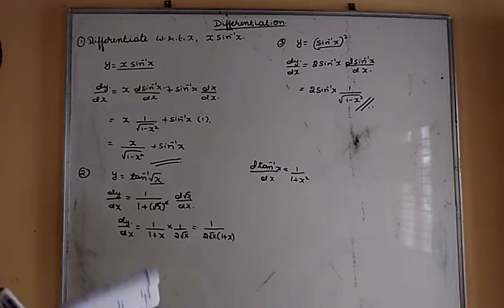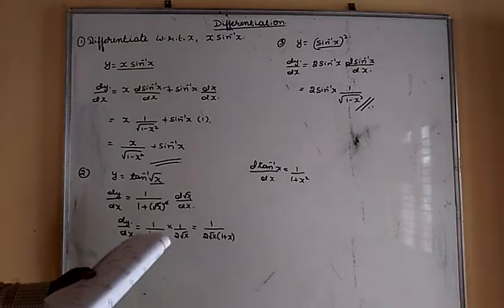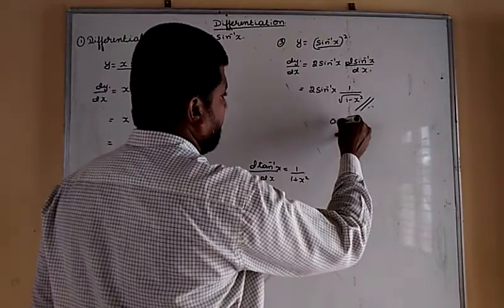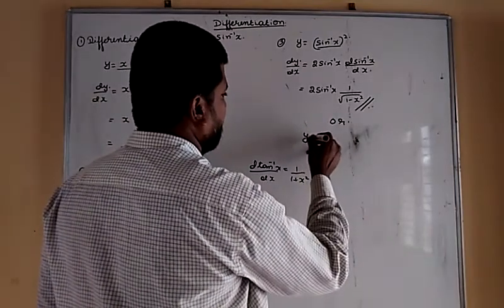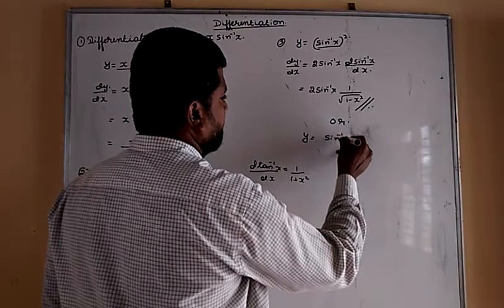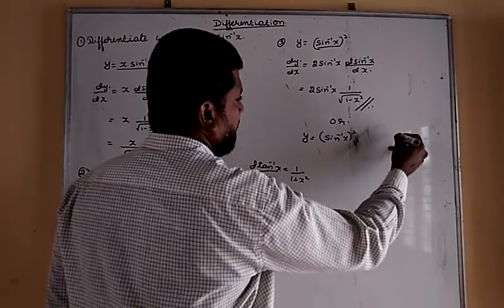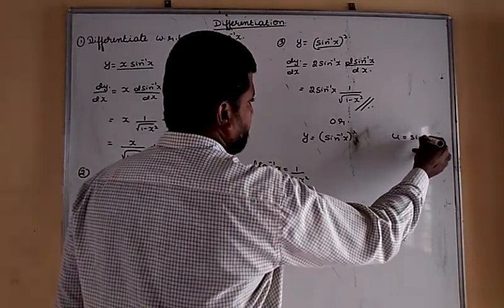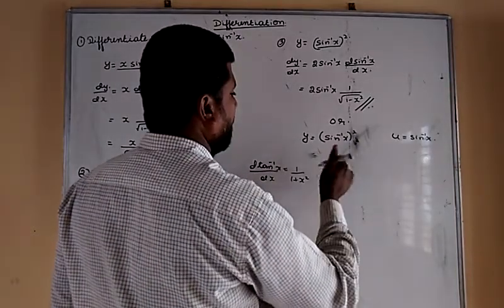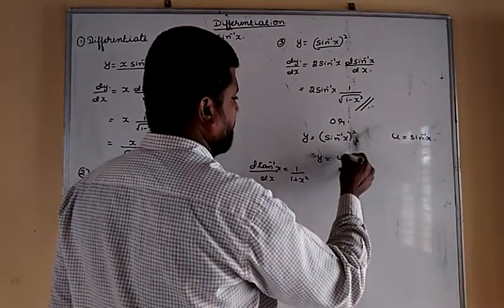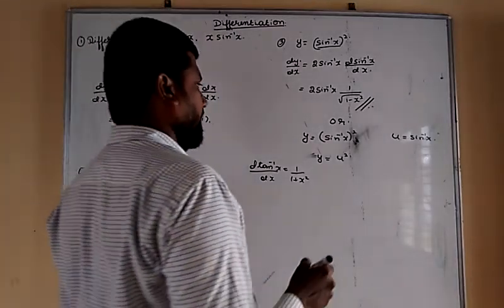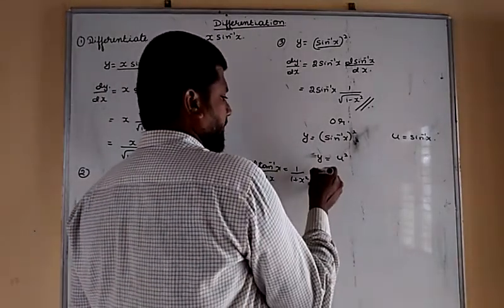Okay, or you can solve this by substitution method. To solve this by substitution method, let us take sine inverse x whole square. So let us take u is equal to sine inverse x. Y is equal to u square here. So take y is equal to u square, then differentiate this.